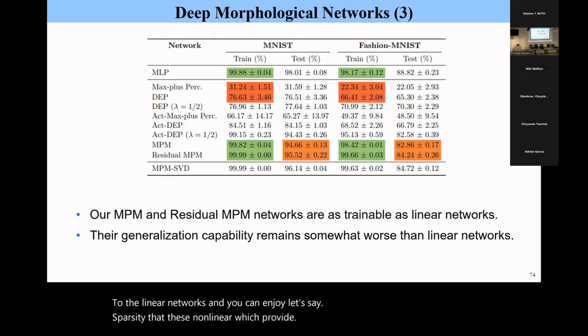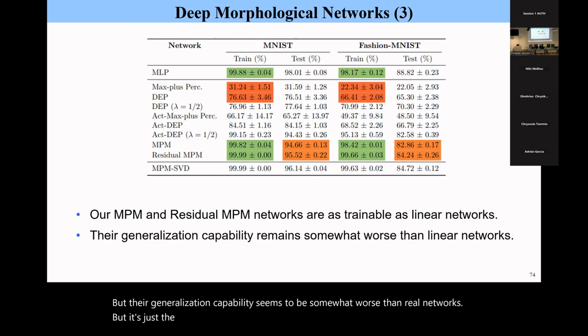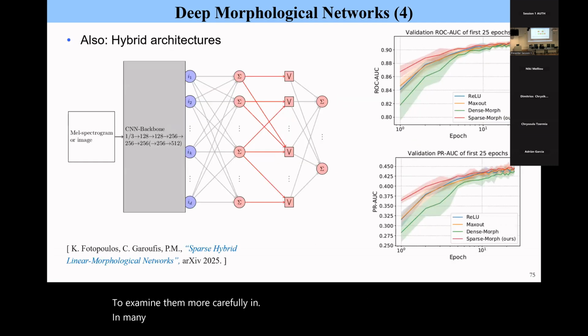But their generalization capability seems to be somewhat worse than linear networks, but it's just the beginning. So these results are very new, and of course one has to examine them more carefully in many more cases before coming up with a more secure conclusion.